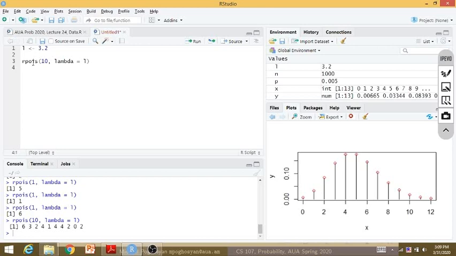So it is generating random numbers 10 times from Poisson distribution with parameter lambda. So 6 events, 3 events, 2 events, 4 events, 1 event, 4 events, 4 events, 2 events, etc. The average value is 3.2, so that will generate something around that 3.2.